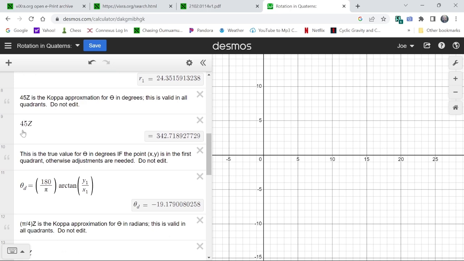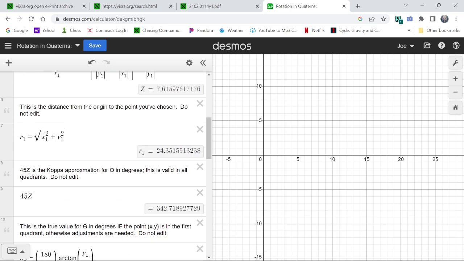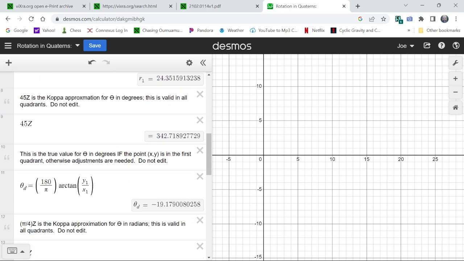Now, as we scroll down here, to convert from quaterns into degrees, you just multiply by 45. And this is an approximation. So it would be 342 degrees.